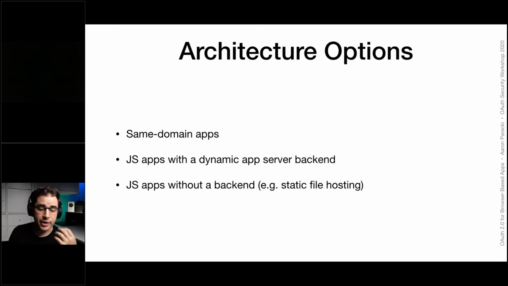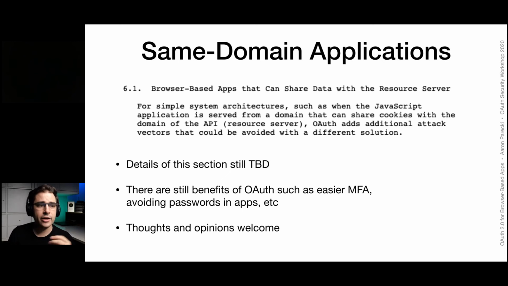And because of that, cookies can be shared between those 2 domains at *.example.com. And right now, in that case, this document actually says that there are advantages to avoiding OAuth for this use case, because if you can share a cookie, you can just do things without worrying about the parts of OAuth that are risky due to the redirection flows in OAuth.